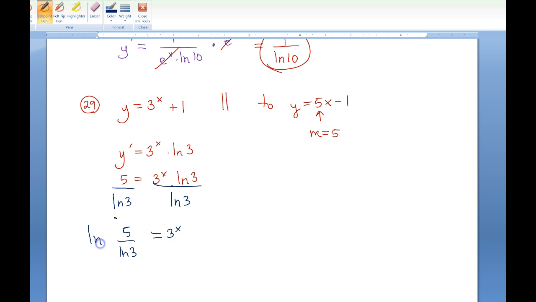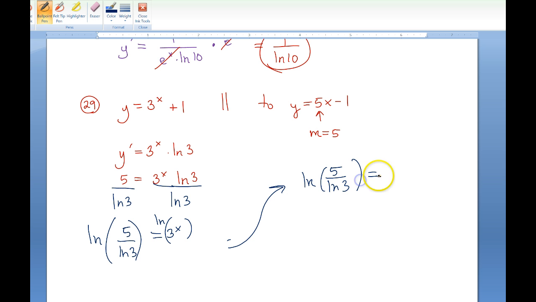So ln of 5 over ln of 3 becomes x times ln 3. Then divide both sides by ln 3, and you get 1.379.